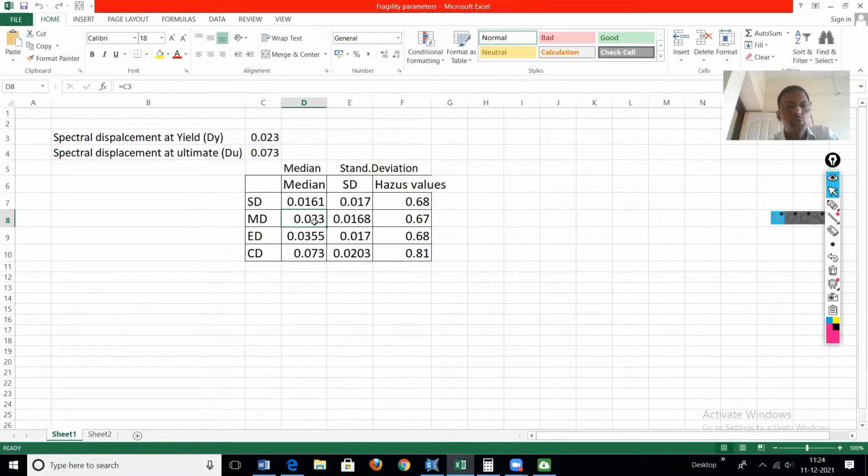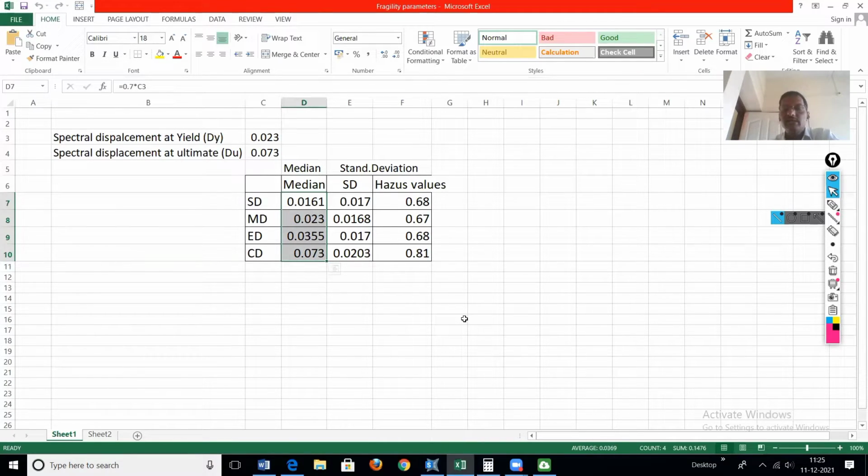Second, the median value is equal to the dy value, 0.023. Third, for extensive damage, it is C3, that is dy plus 0.25 multiplied by (du minus dy). And lastly, the median value is 0.073. So in this way, we calculate the median value of the fragility curve from the pushover data. This is the first part over.